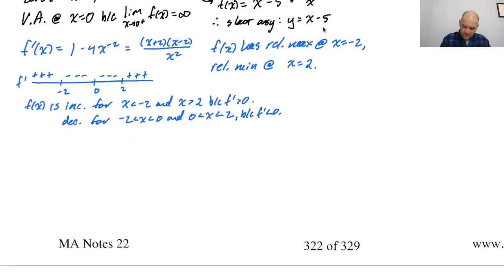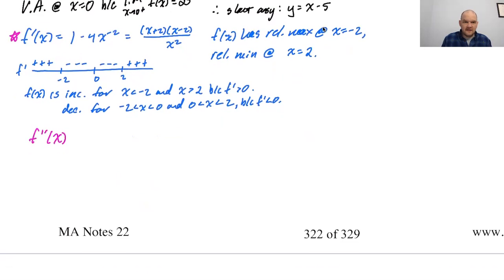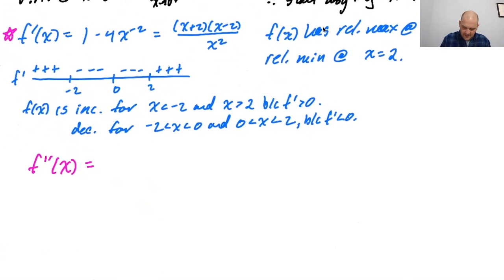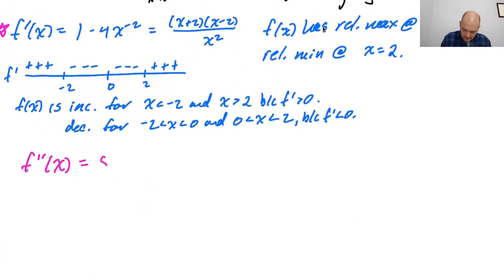So for f double prime, let's go new color. F double prime. I'm going to go back and look at this form of the derivative and say that f double prime will be, bring down the -2 to get +8 x to the -3rd. Okay, so let's rewrite that as 8 over x cubed.